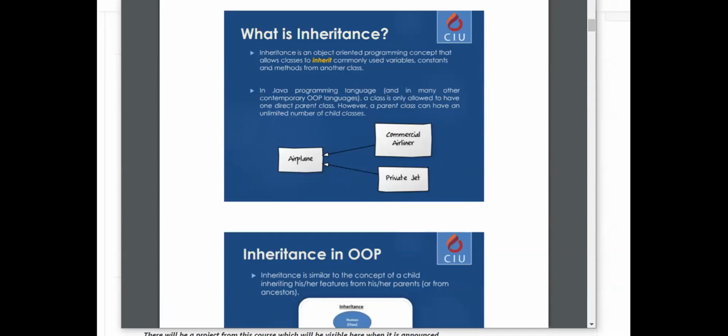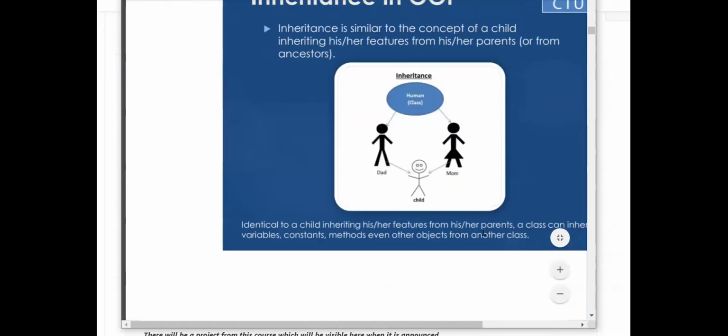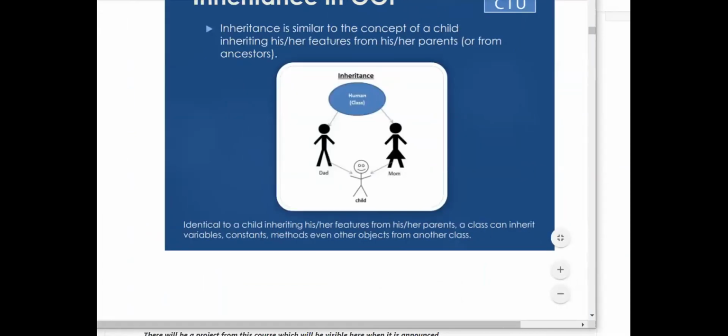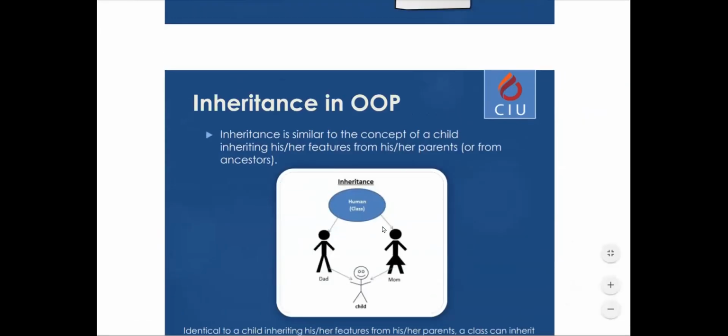Now, one of the things that you should know about modern object-oriented programming is that a child can have only one parent. In a human relationship, you expect a child to have a mom and a dad, so there could be more than one parent, but in modern object-oriented programming this is not true because it complicates the structure of classes. So a child class can only have one parent.